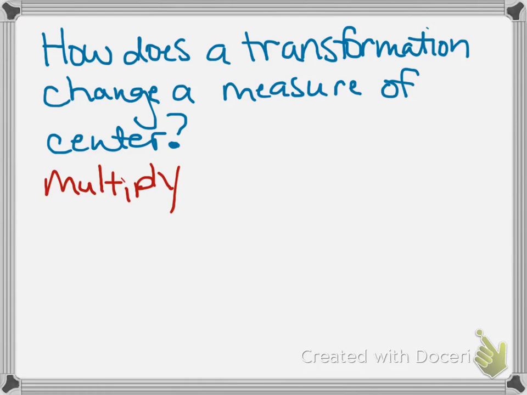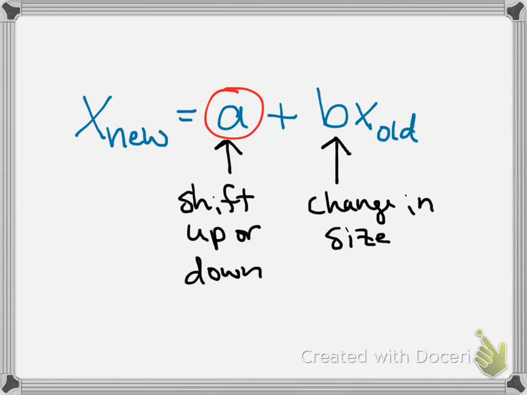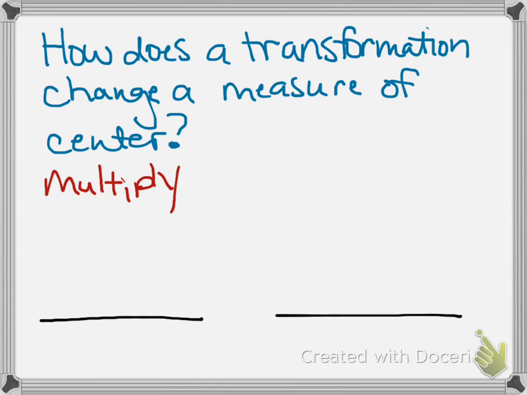Alright, so if we are also going to transform our data set by multiplying by a constant, notice from our equation that means that we are taking all of our old data points, multiplying by some value, and then that's going to transform our data into some new value. So what is that going to do to our measures of center? It turns out that it does the same thing as addition. It's not that we're adding, this time we're multiplying, but it's also going to have an effect on your measure of center.